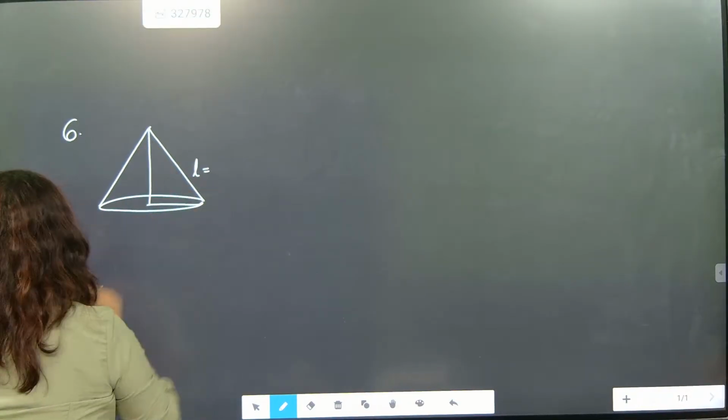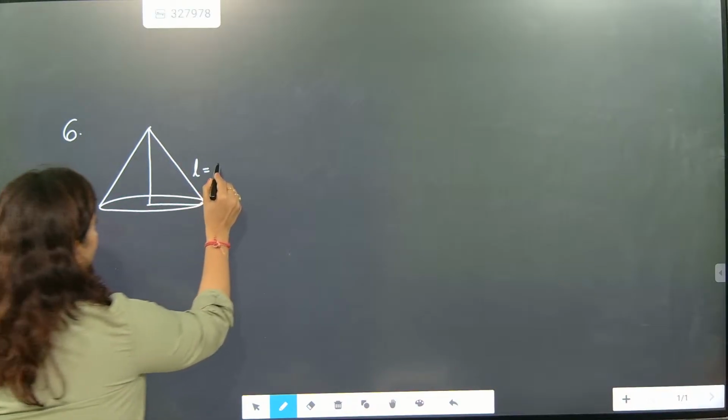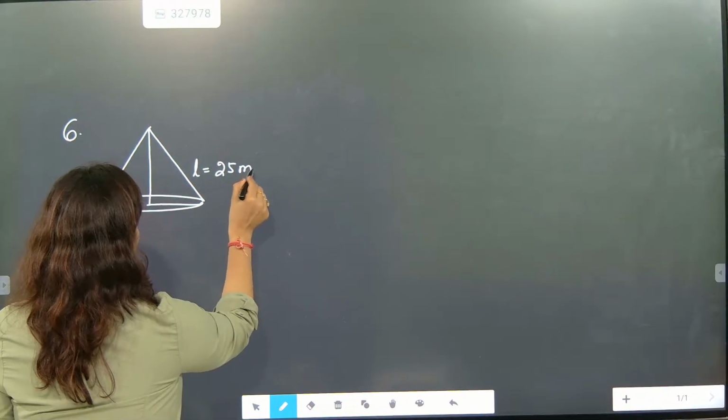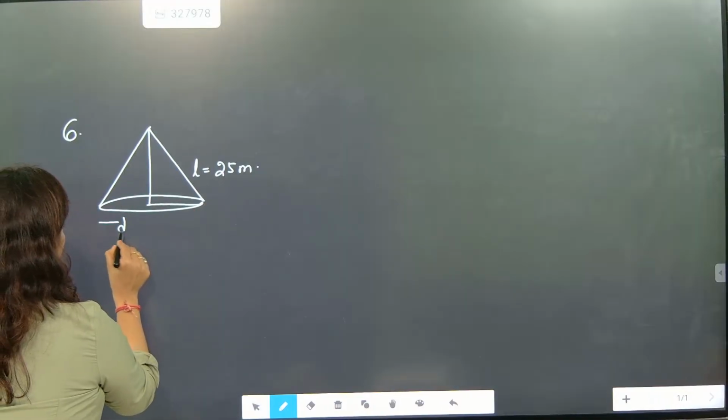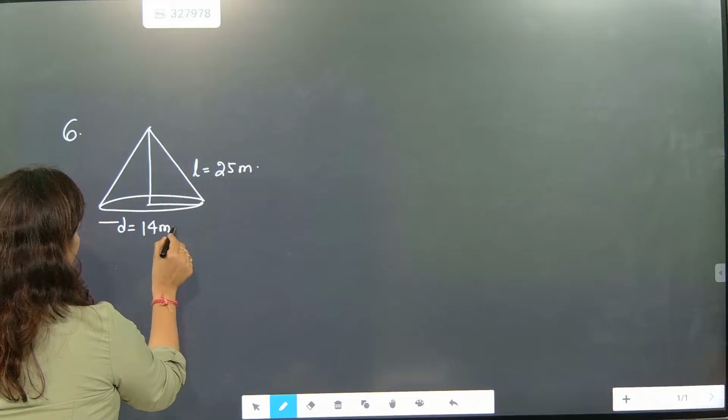L and the base diameter of the conical tomb are 25 meter and 14 meter respectively.